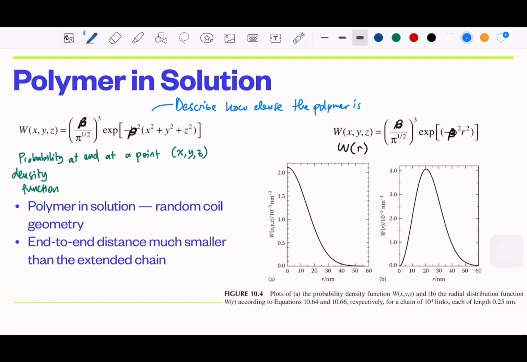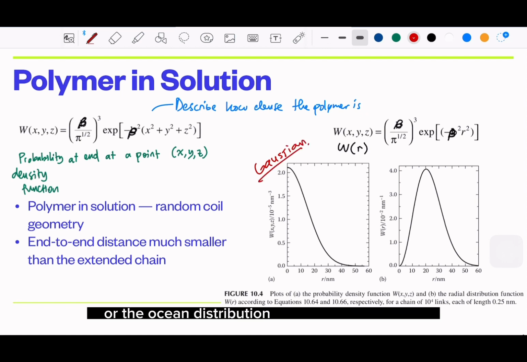And this is the Gaussian model, or Gaussian distribution.